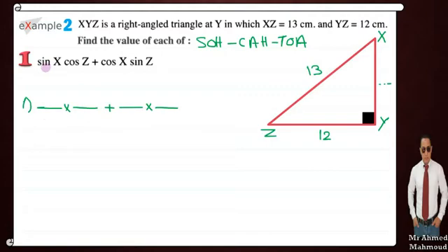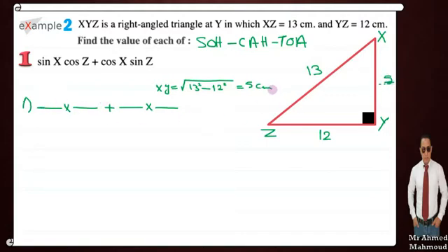Okay, number 1, sine X. Start with X. Sine is opposite over hypotenuse, but before I need to find the third side. Here XY equals square root 13 power of 2 minus 12 power of 2 equals 5 centimeters. Then this one equals 5.